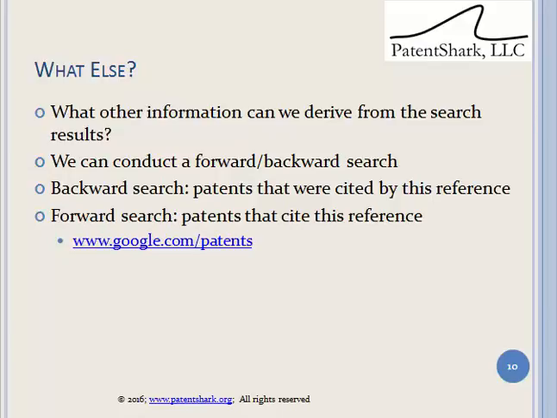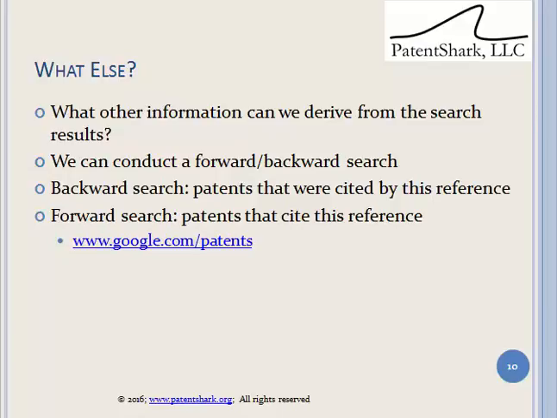We believe that the easiest place to conduct such a search is google.com/patents, because if you find a patent that you think is very close, or the closest one you can find to what the inventor conveyed to you, you can enter that number in google.com/patents and hit enter, go all the way to the bottom, and look at what references were cited by this reference, and what references cite this reference.